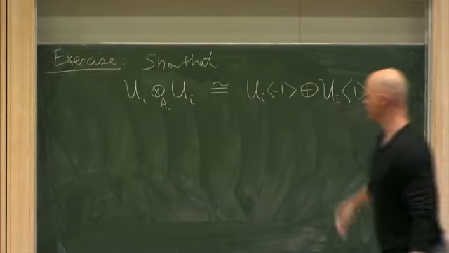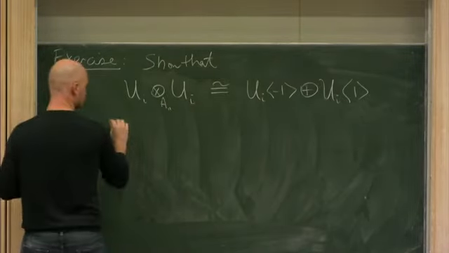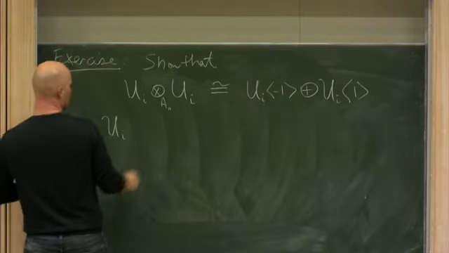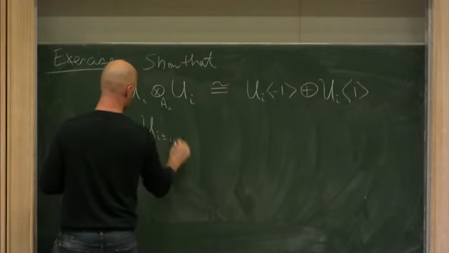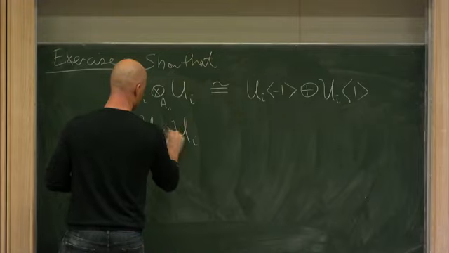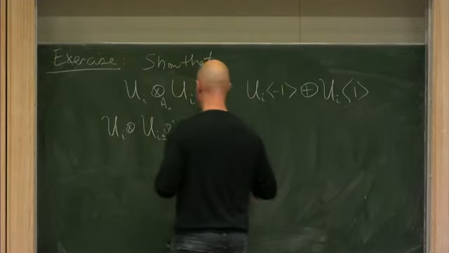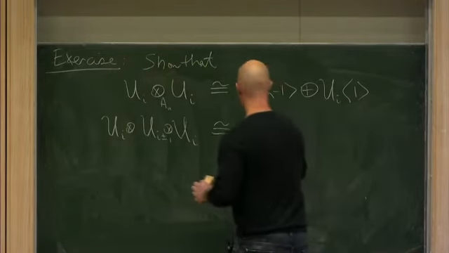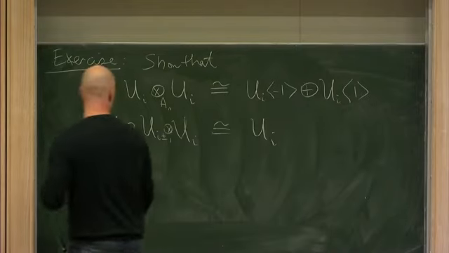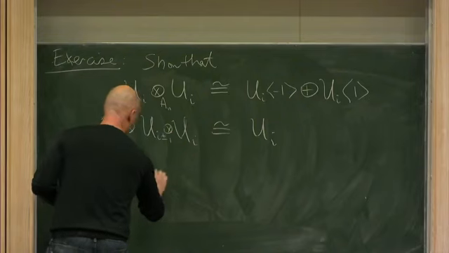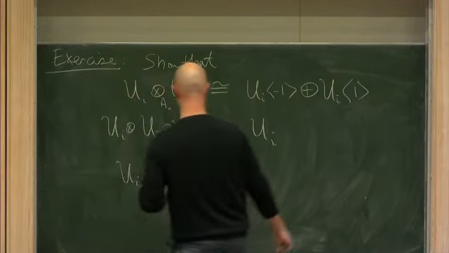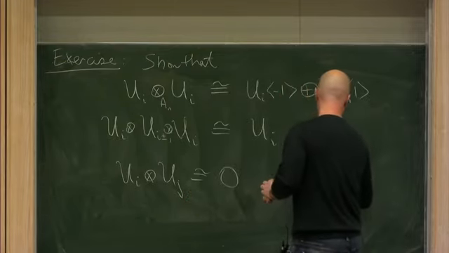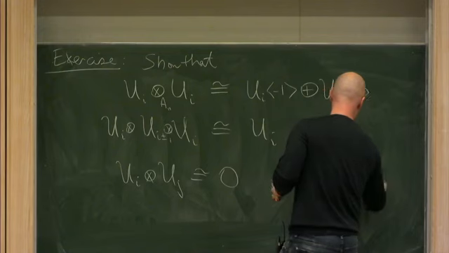Don't worry so much about the grading shift right now. So now what about U_i tensor U_{i plus or minus 1} tensor U_i? This is isomorphic to U_i, and U_i tensor U_j is 0 when i and j are far apart.